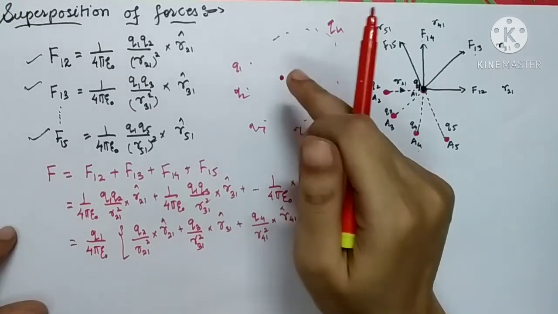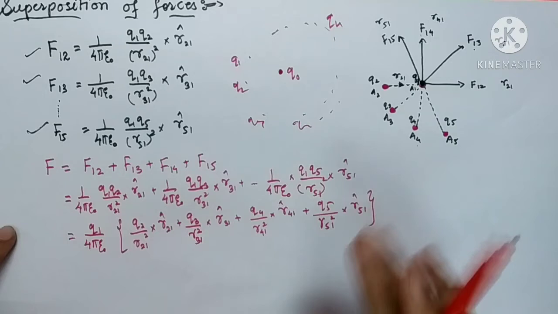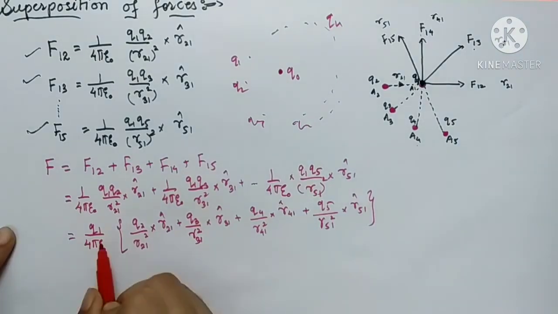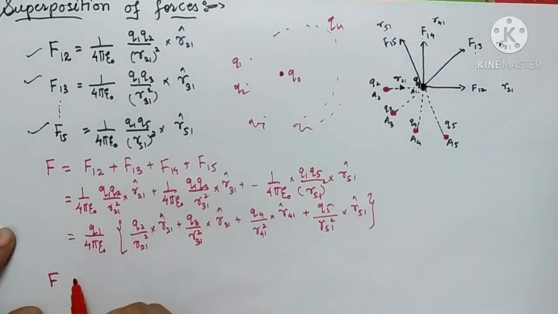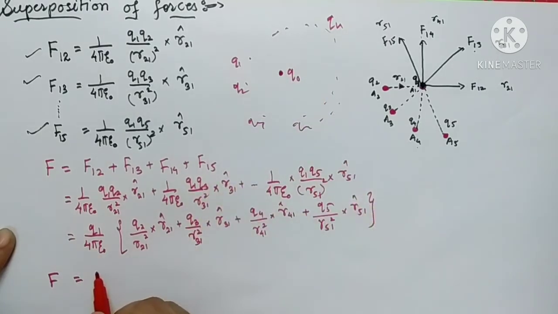Let us calculate the force experienced by the charge Q0. In the same way, how will you write down the equation for the force experienced by the charge Q0? What is the common term?